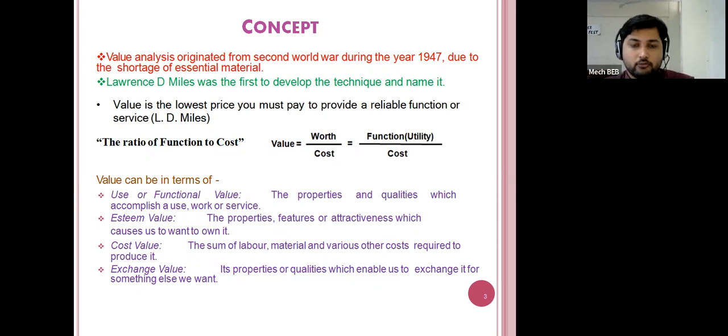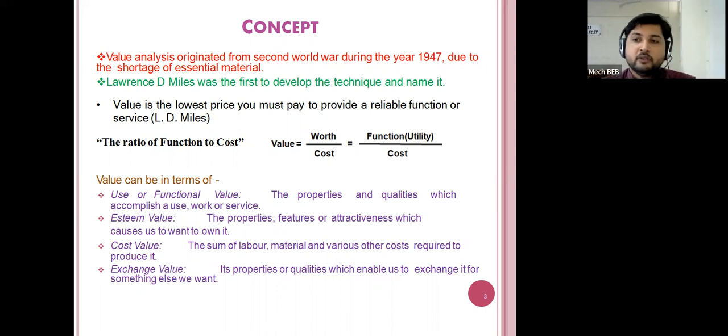Food is used to eat and fulfill your hunger, so that will be the function of that particular product. By paying the lowest amount for that particular function, you are buying that product. So how valuable it is depends upon its functional value. Some products depend upon their functional value.